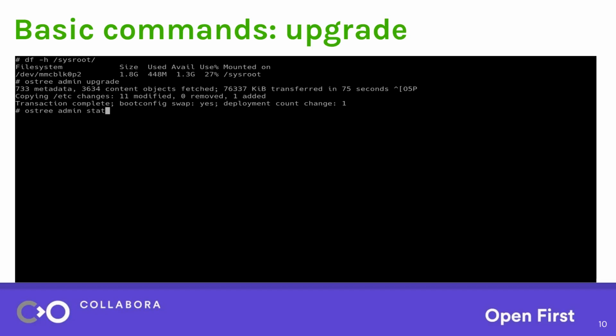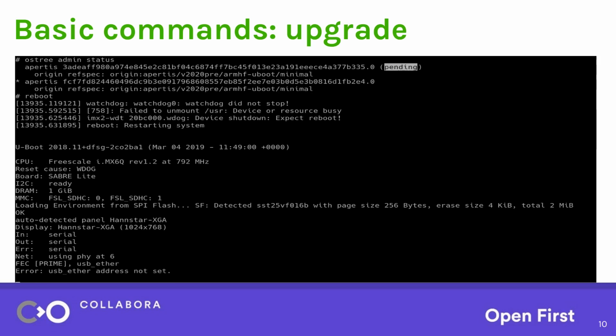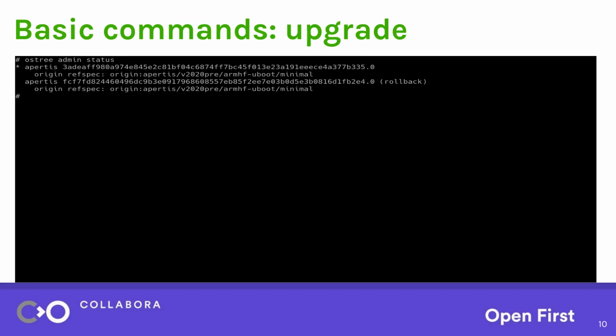If we check ostree admin status, we will see that for now we have two available deployments. The initial one with a star here, and a fresh deployment which has the pending state, and we will switch to it just after the reboot. ostree admin status shows a bit different situation after reboot.